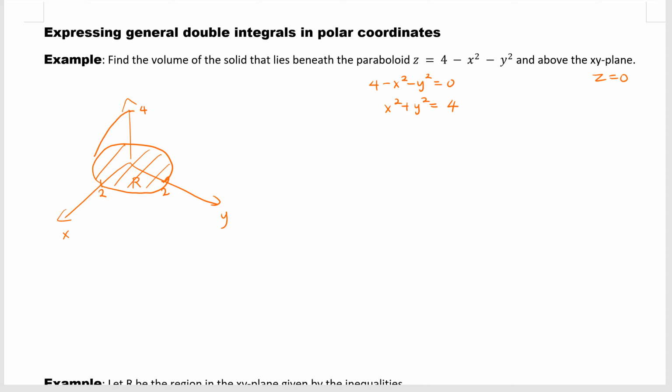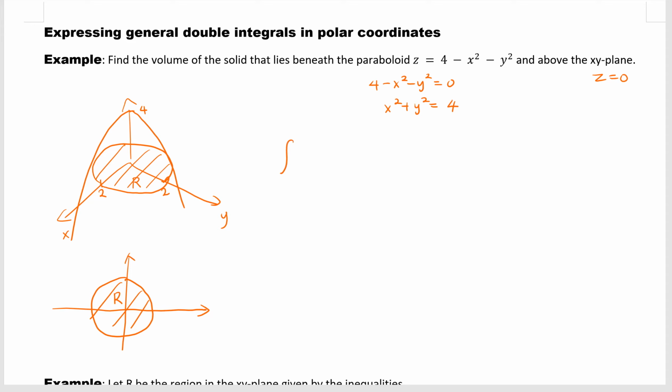So the paraboloid looks like this. So far so good, everybody? Okay, and now, let's look at the region R. So here, this is the region R, right? And we want to express the double integral in polar coordinates, right?